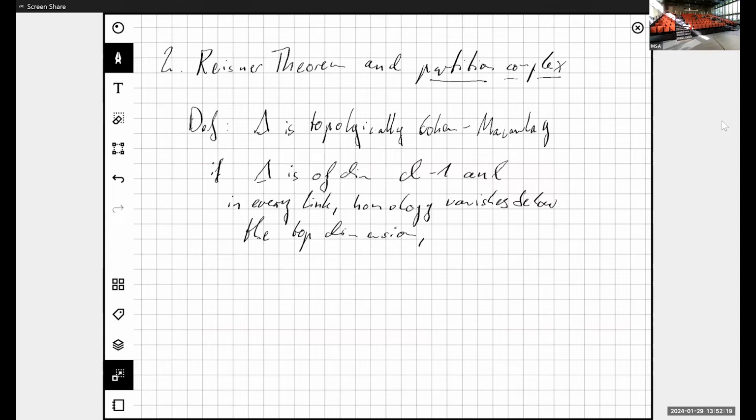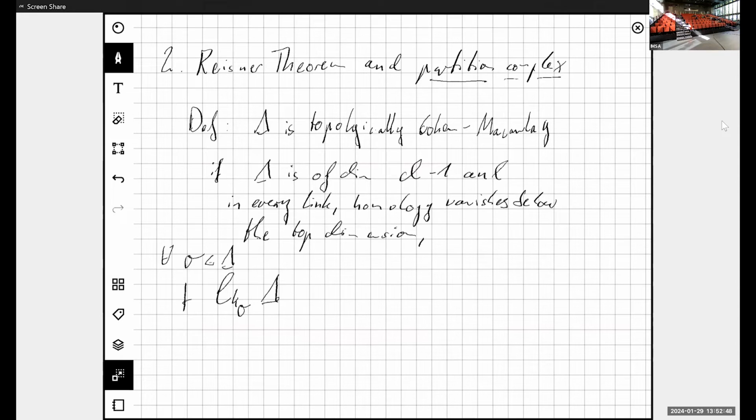Well, okay, so I want to say that if I look at the link of sigma in delta, so I have a face sigma, all right? So sigma, all sigma elements in my simplicial complex. This includes the empty face. Link sigma in delta.